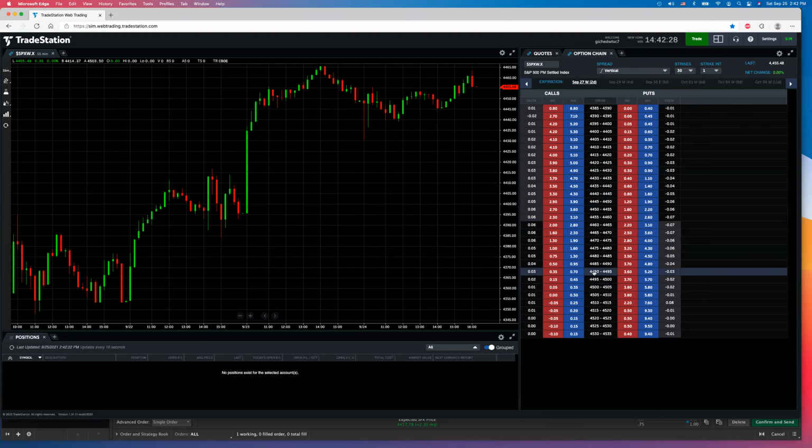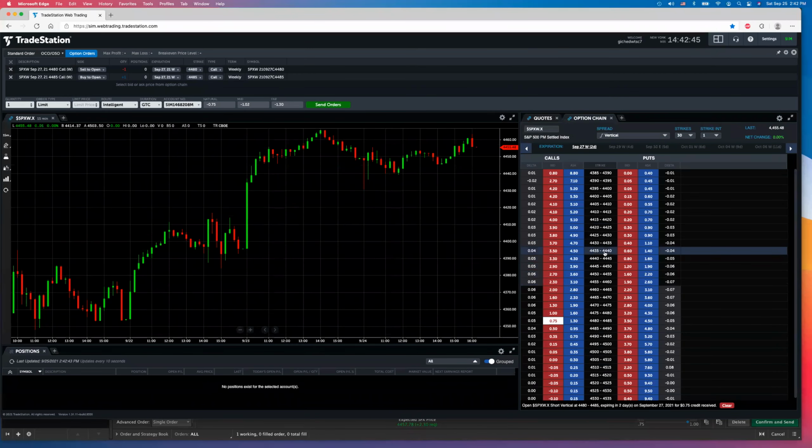So we want to sell a call credit spread at 44.80, 44.85. I'd look for it here, and then I'd look on the left side, and on the bid column, I see 0.75. That's the one that I would push.